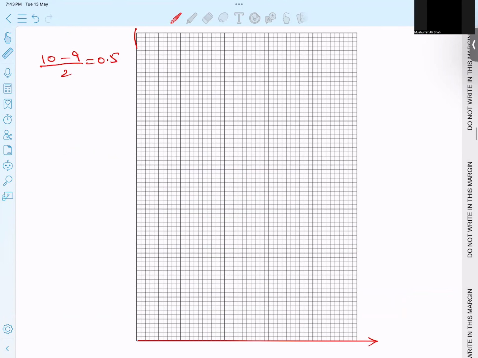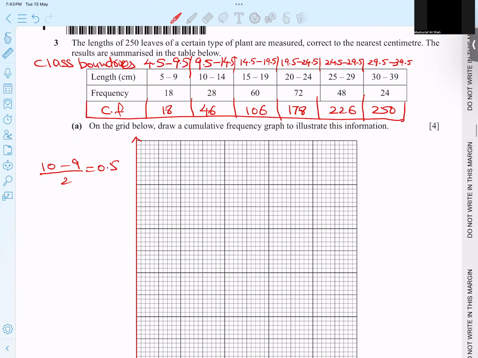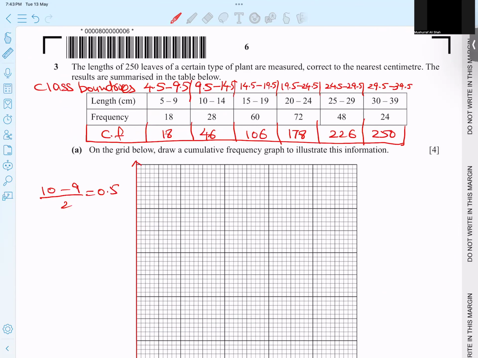The first technical point: which values do I have to use? I have to use the upper limit: 9.5 against 18, 14.5 against 46, upper limit against CF. I believe you're understanding what I am saying.